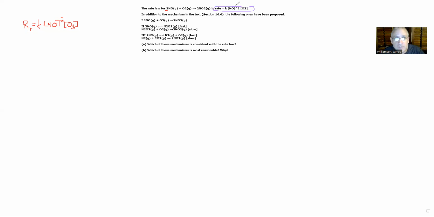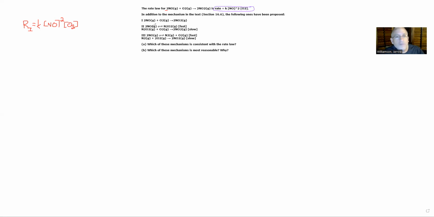You need to know that difference. But for elementary steps, you do. And for this proposed mechanism, the experimentally observed rate law is consistent with the rate law for the mechanism. So that does seem to work.